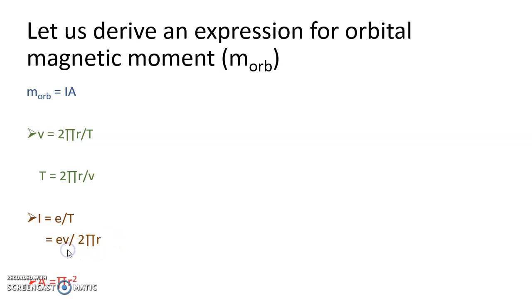We also know the formula for the area of the loop as pi r square. Let us substitute both of these formulae in the expression m is equal to I A.